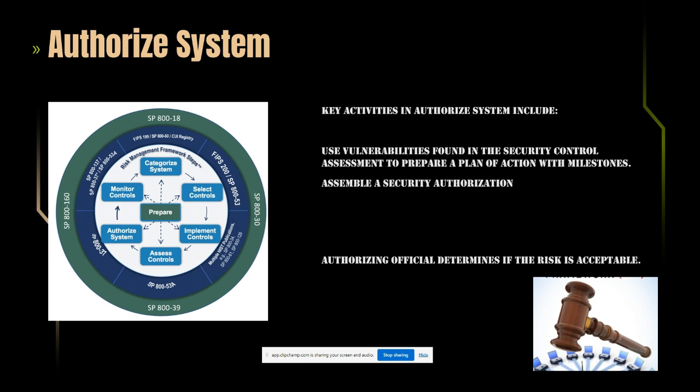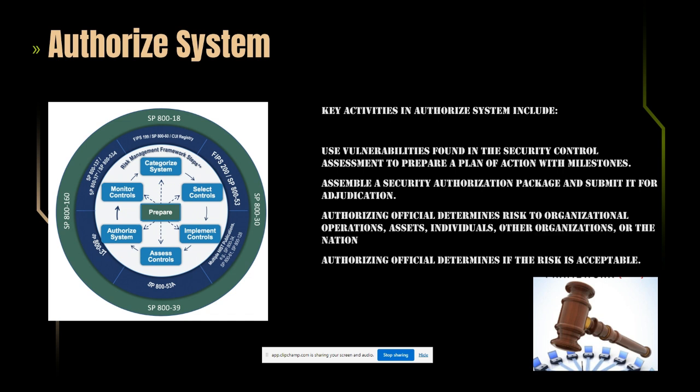Key activities are to use vulnerabilities found in the security control assessment report and look at the plan of action and milestones, their POAM, right? Assemble the security authorization package and submit it for adjudication. That's typically going to be the PM or PSO, making sure that actually occurs in a timely manner.